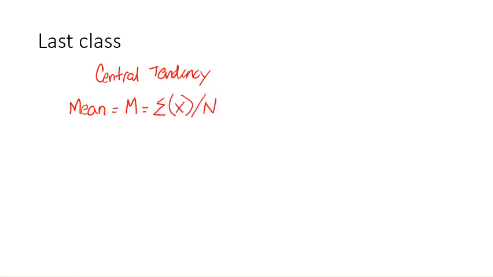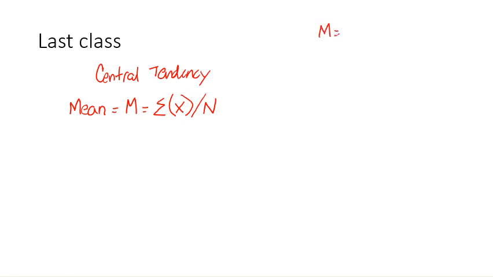So in our last class, just to have a little refresher, or last week's work, we worked with measures of central tendency. And we talked in specific about calculating the mean, which we represented by the letter M, and which we understood was the formula, the sum of all the scores divided by N. And we had some little terms that were used.